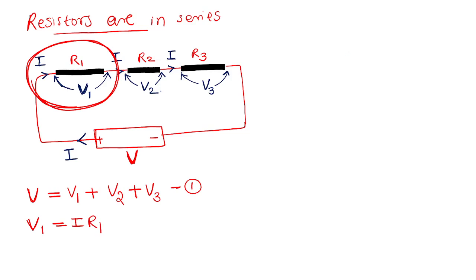So V1 equal to IR1 and V2. Focus on this thing alone. The potential difference between these two terminals, or energy required to cross from this point to this point, V2 equal to current into resistance. That is Ohm's law, we studied that.